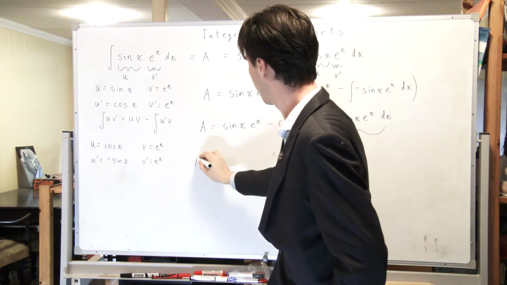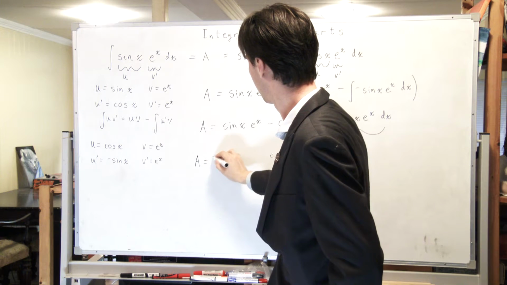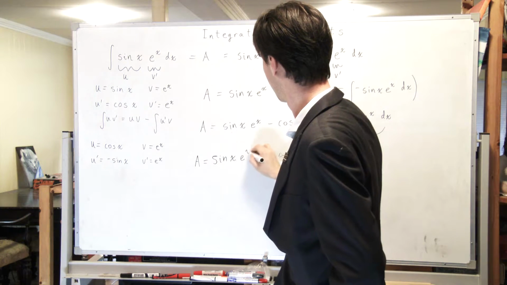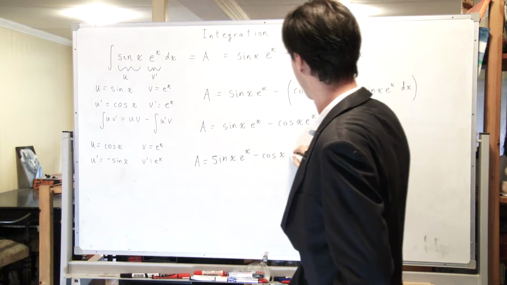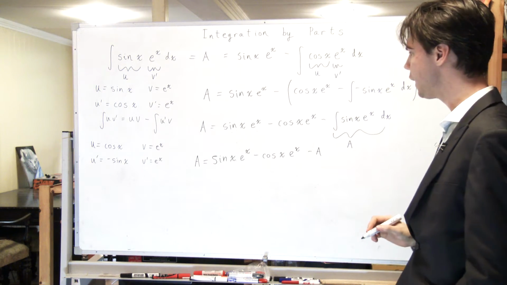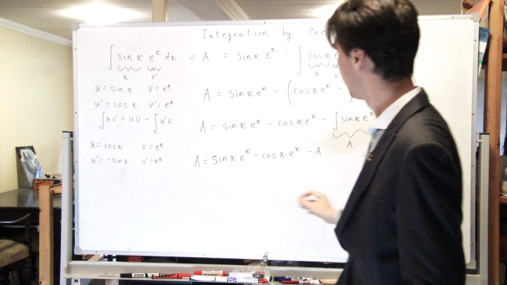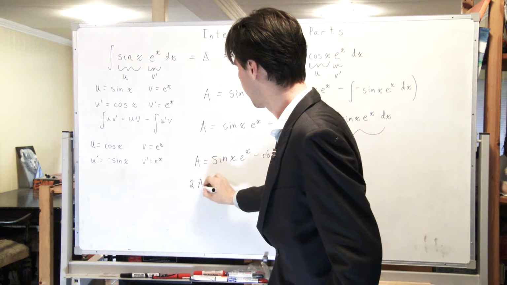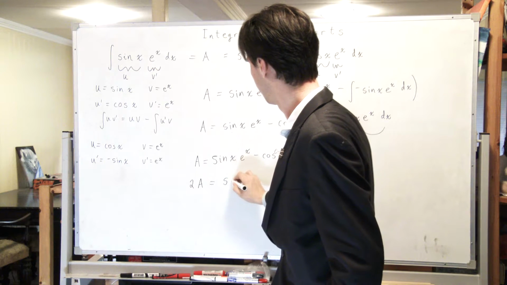So now we have a equals, there we are. Let's add a to both sides. Now I have two lots of a on the left-hand side.